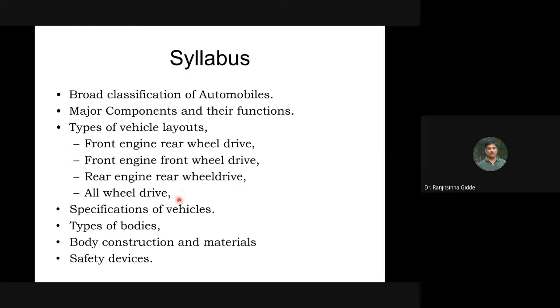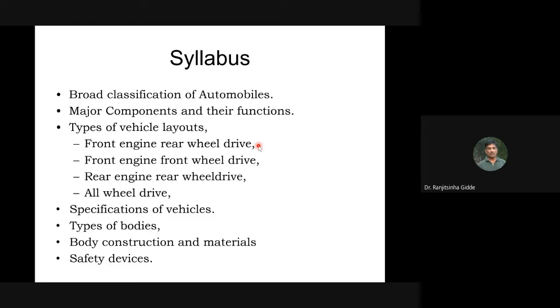Now we do not know whether examination will be on descriptive basis or MCQ basis. So here itself you should remember that there are different types of vehicle layout. So front engine rear wheel drive is also called the conventional type of layout. The engine is placed at the front side and drive is given to the rear wheels.